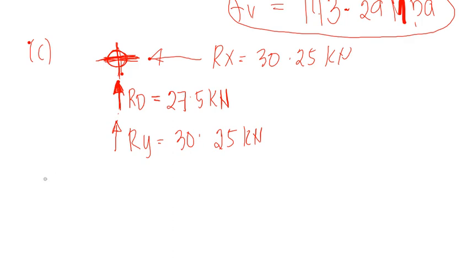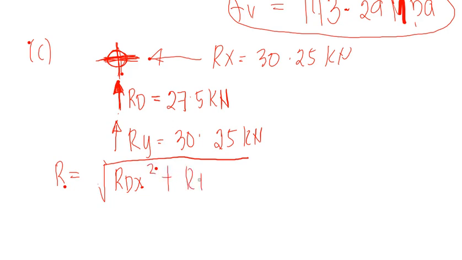So, solving for the value of our load, yung resultant load natin, so meron tayong Rx, meron tayong Ry. So, ito yung resultant load natin, that is equal to the square root of Rdx squared plus Rdy squared. So, ano yung magiging Rdx natin? Isa lang, yung 30.25.